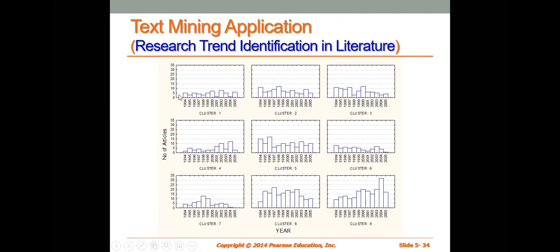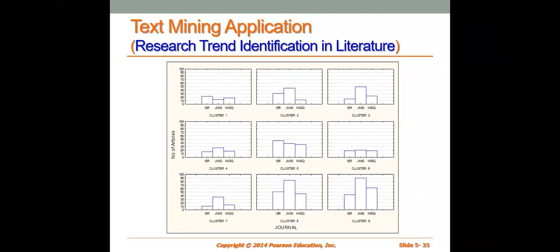See, now see the trends are changing in all the different nine clusters we have. So this is one of the best applications of text mining to show you the trends. If you go to Scopus or the Web of Science, you can have this kind of trends, and they are using text mining. So similarly, this is another one, with different clusters.